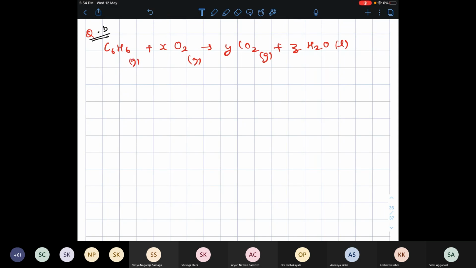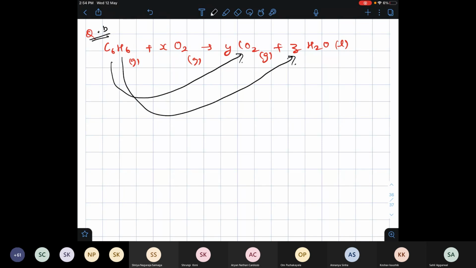Sorry, 6 carbon, so 6 CO2. 3. Now here we have 12 oxygen, 3 oxygen, total 15 oxygen. Any doubt? No, sir.